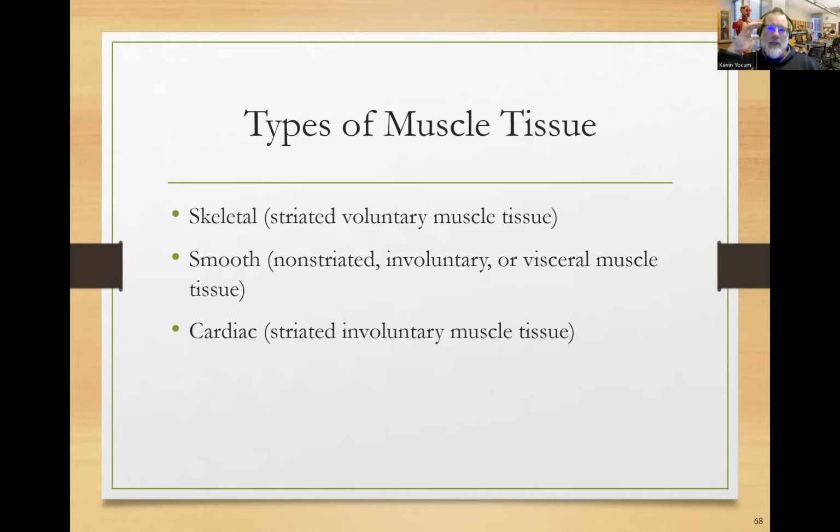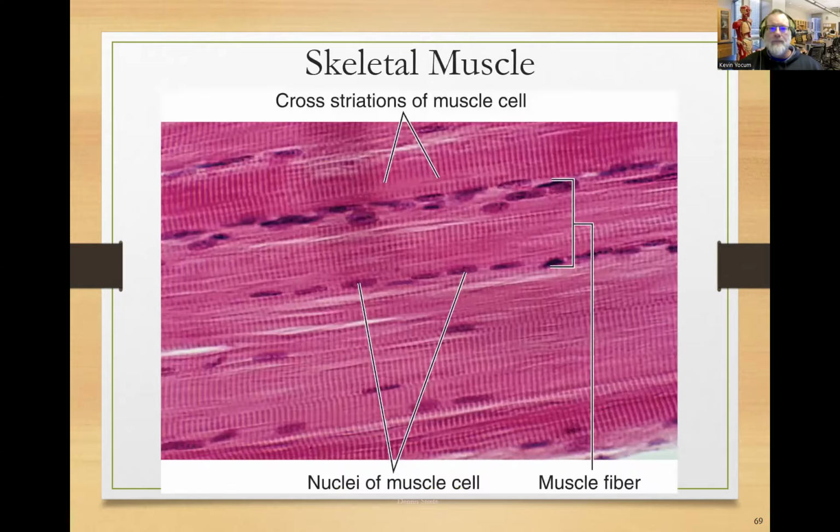This is mainly all of the tubes in the body, so your tracts. Cardiac, of course, is the heart, and that's going to be striated, just like skeletal. However, it's involuntary. You don't control the rhythm of the heart.